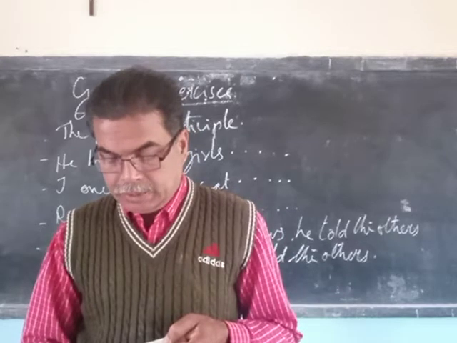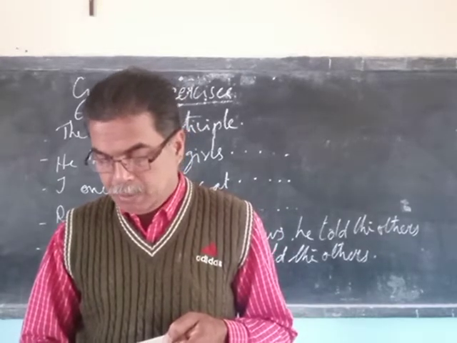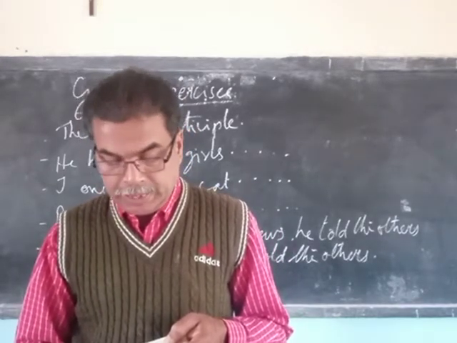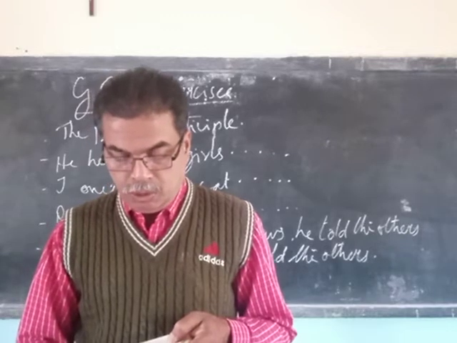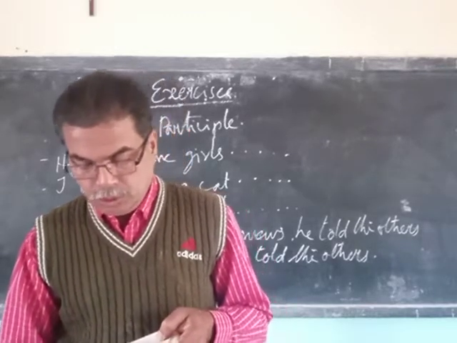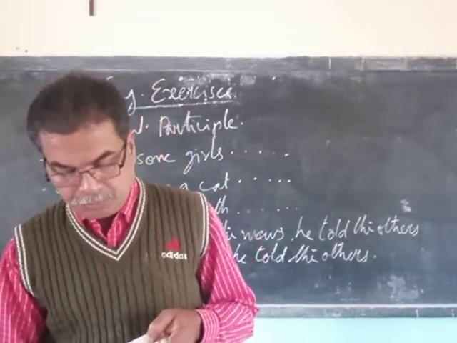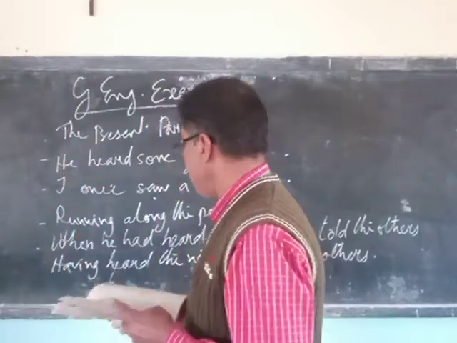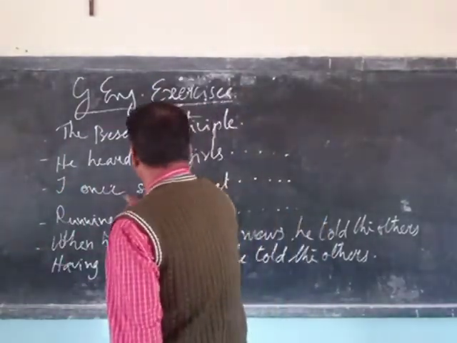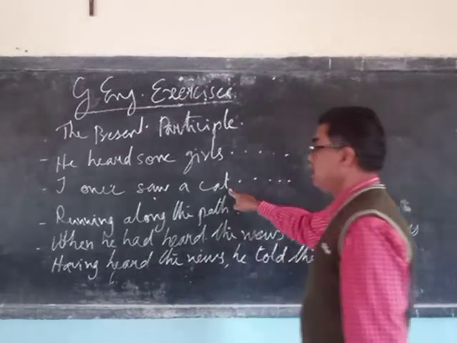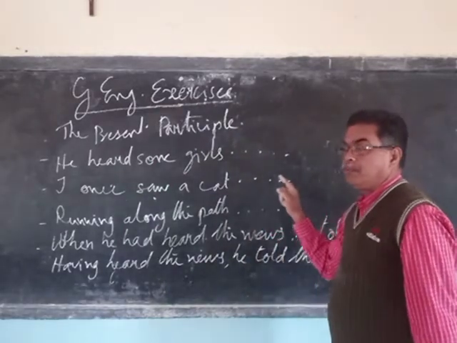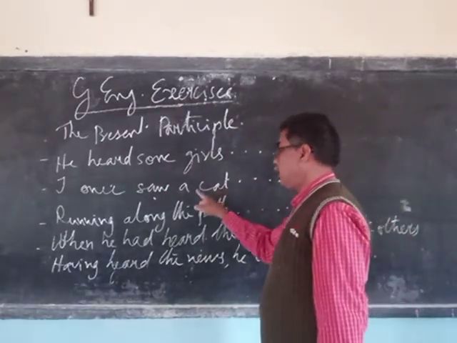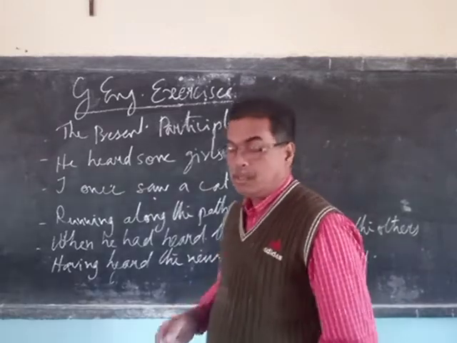Now complete these sentences by adding first a present participle and then a noun. Like the example, we saw some boys throwing stones. I once saw a cat jumping over a wall or sitting on a wall.